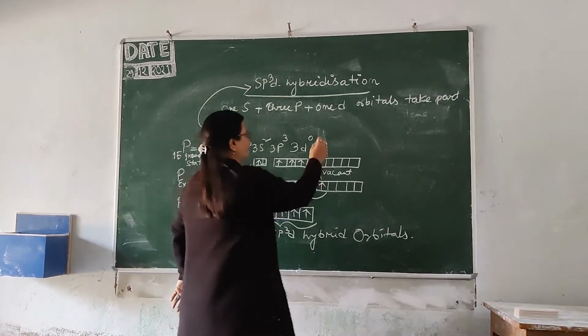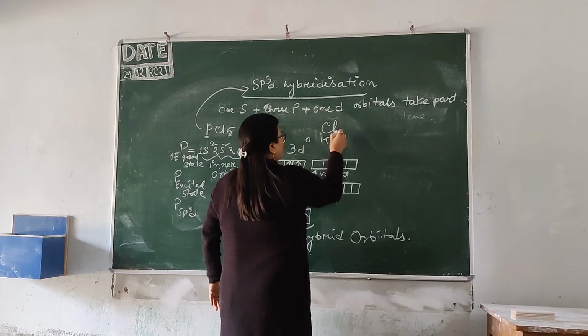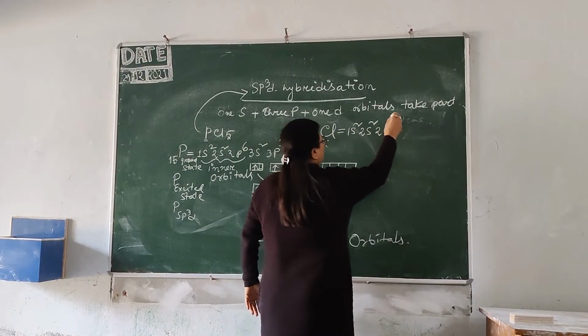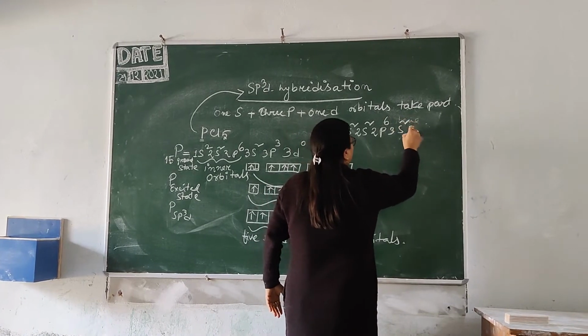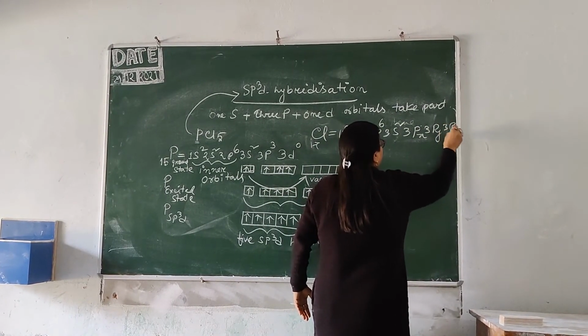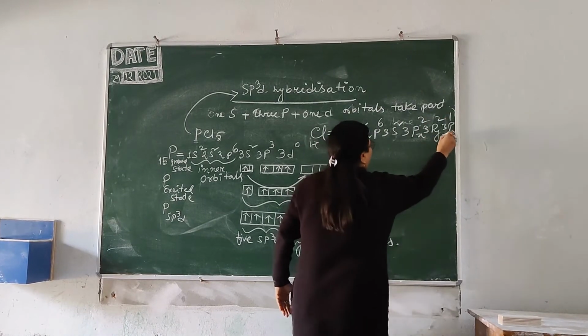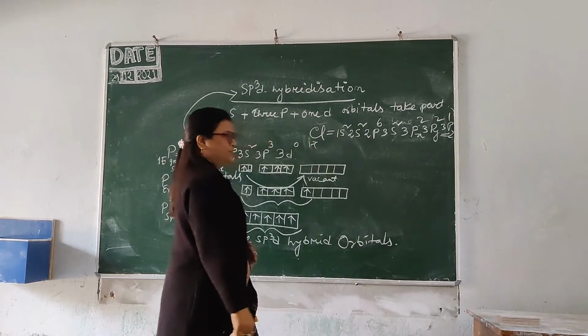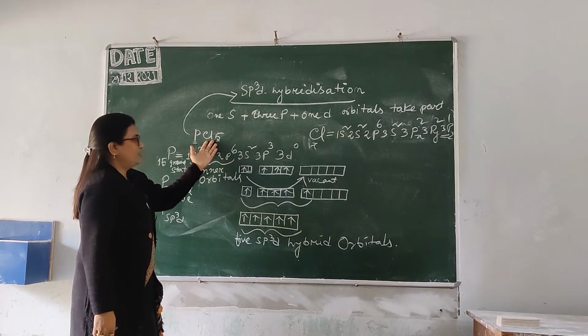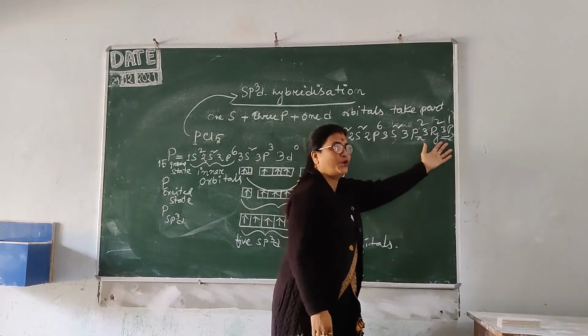chlorine atom. As you know, the electronic configuration of chlorine is 1s2, 2s2, 2p6, 3s2, 3px, 3py, 3pz. This is the half-filled pz orbital of chlorine atom. That means 5 chlorine atoms have 5 3pz orbitals.